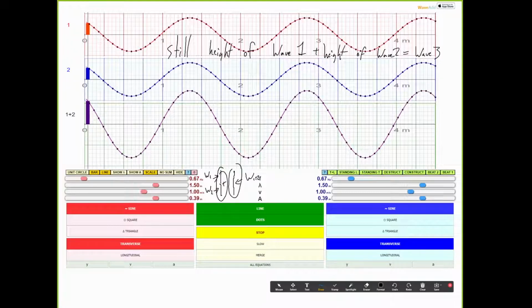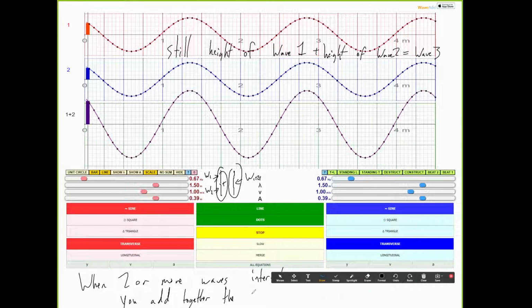All right, so what we found in each case is when 2 or more waves interact, you add together the heights of corresponding particles to find the new resultant wave.